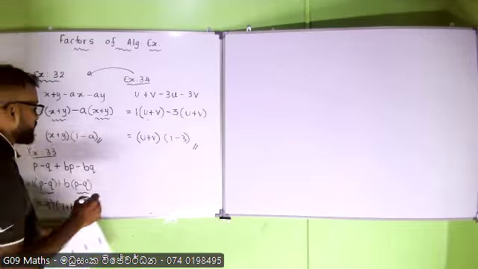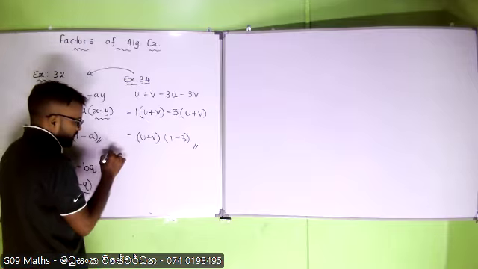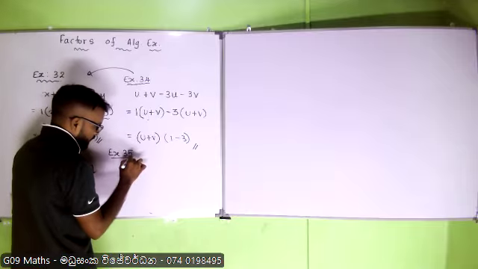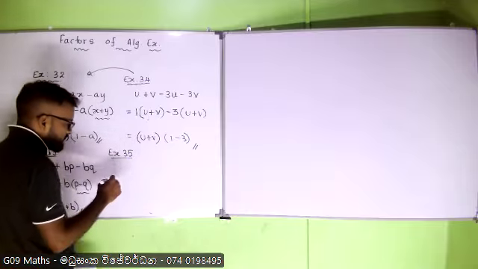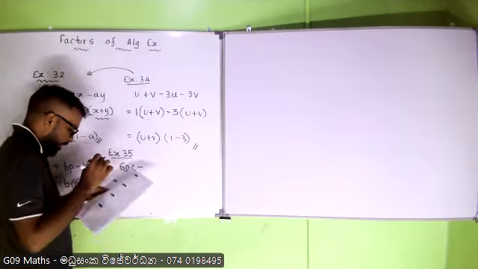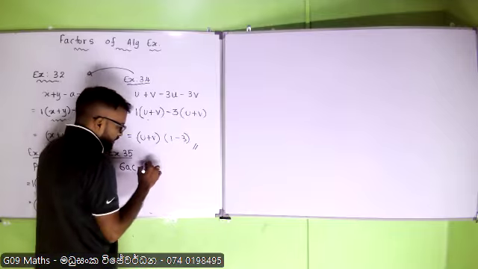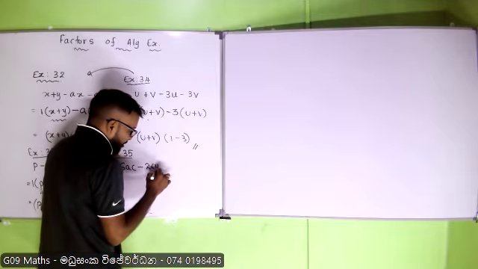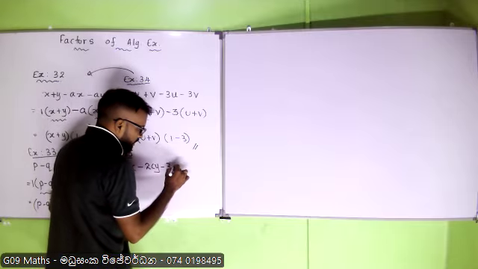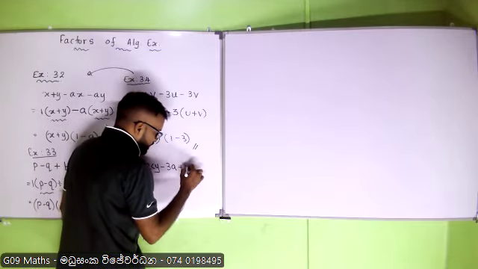Right. Example number 35. 6ac minus 2cy minus 3a plus y.